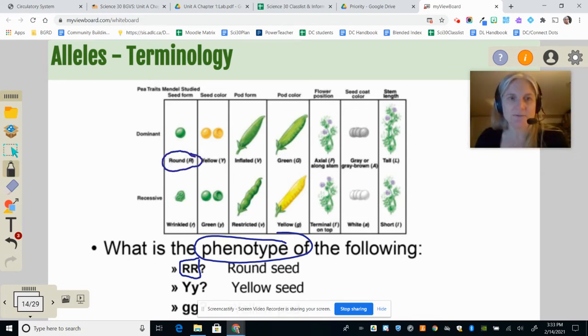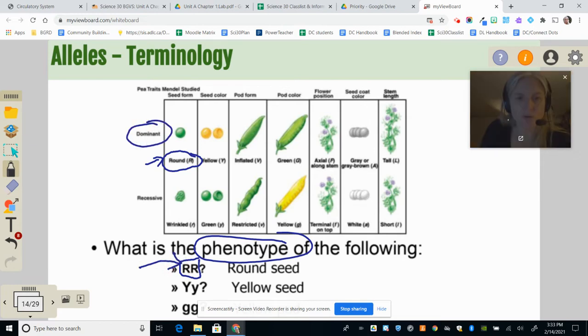We're talking about seed form, and the allele for round is the dominant. In this case, we have two dominant alleles. Just one dominant allele actually is all you need, and your seeds will be round. Okay, so those are round seeds.